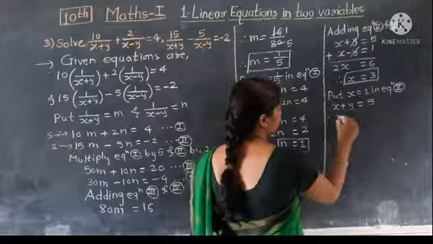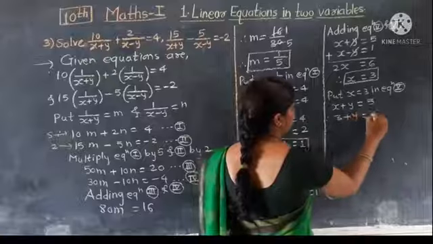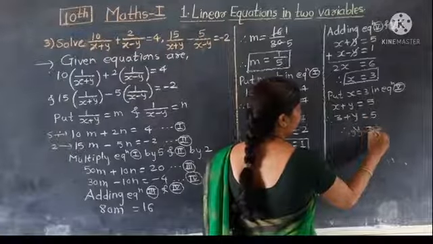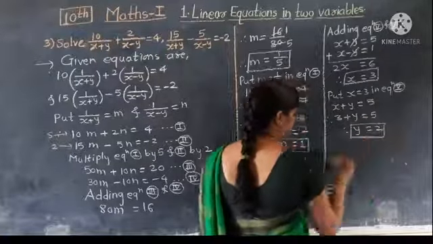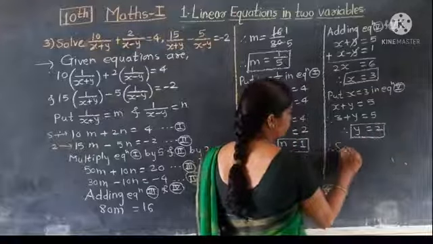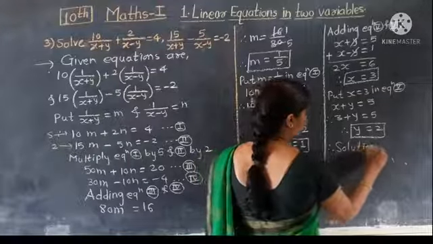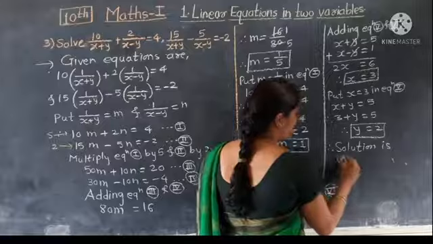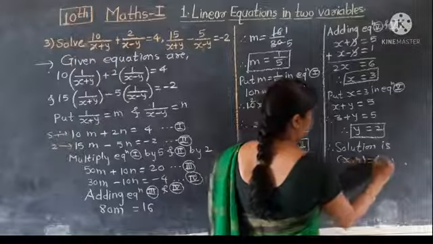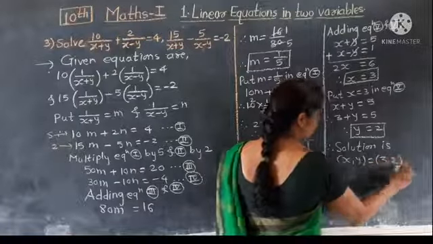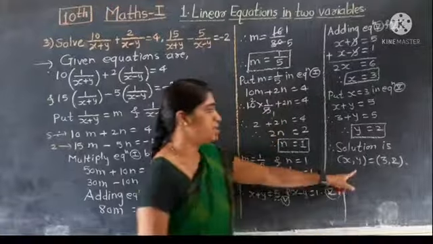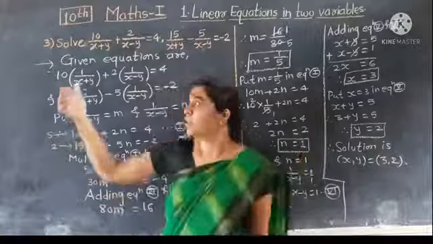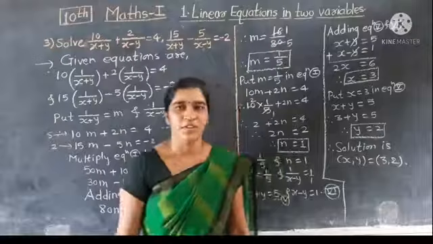Therefore, 3 plus y is equal to 5. y is equal to 2. Therefore, the solution is (x, y) is equal to (3, 2). This is the required solution of the given simultaneous equations.